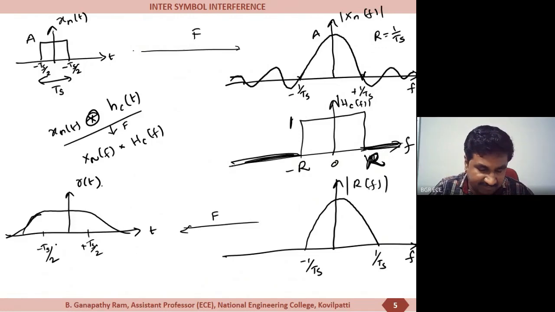That's why if this is the first symbol, then it interferes with the position of the next symbol, because if the first symbol occurs between minus Ts by 2 to Ts by 2, the next symbol will occur from Ts by 2 to 3Ts by 2.